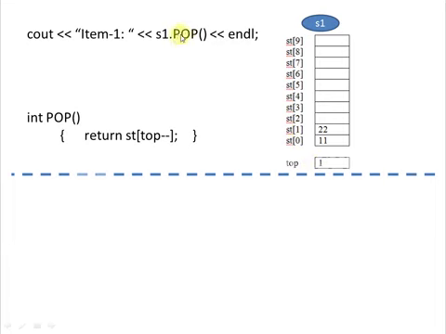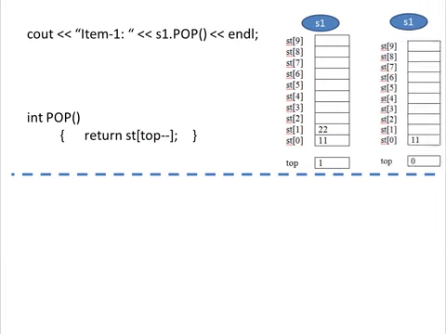St of top will return its value, st of 1, that is 22, and it will be returned to the main program at this location, and the computer will display item 1 is equal to 22. Then top will decrement itself and it will become 0, from 1 to 0.